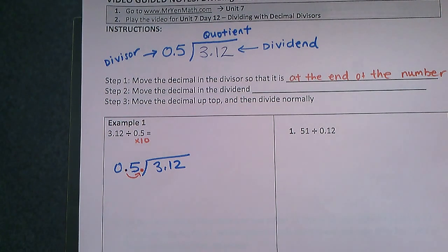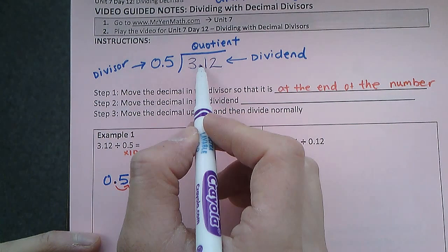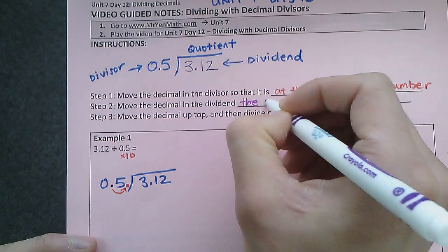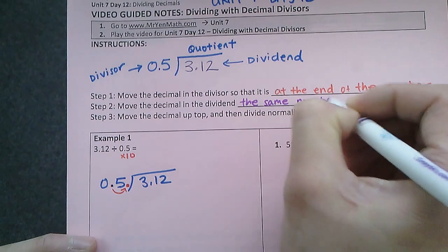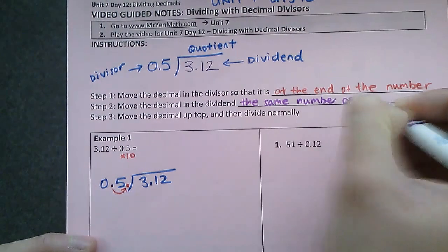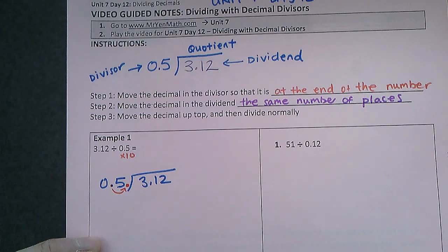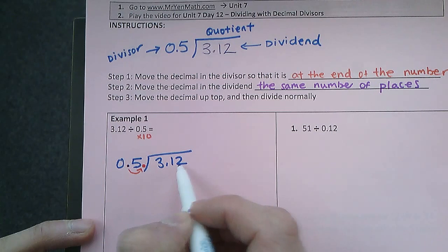The next step is step number 2. It says move the decimal in the dividend, that's this number, 3.12, the same number of places. So let's check our dividend, 3.12.